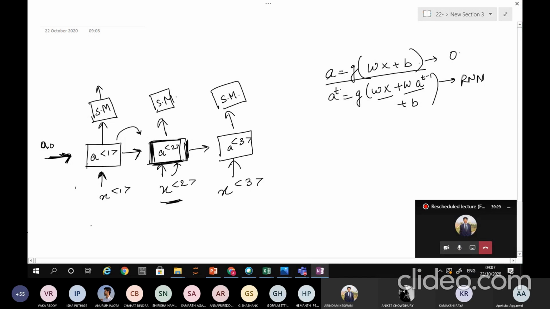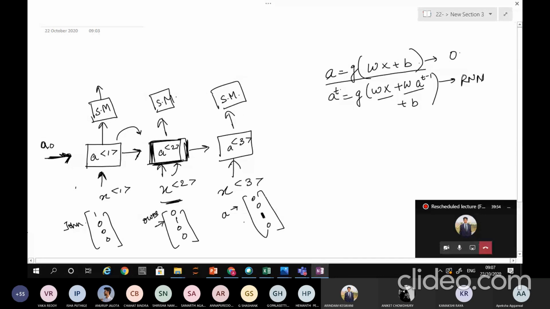Because I had four words, John owns a car. The input was John owns a car. This is representing John, this is representing owns, and this third word is representing a. So this is John owns a, and a is the third word, so it is 1.